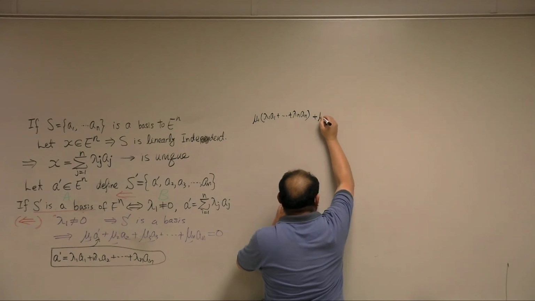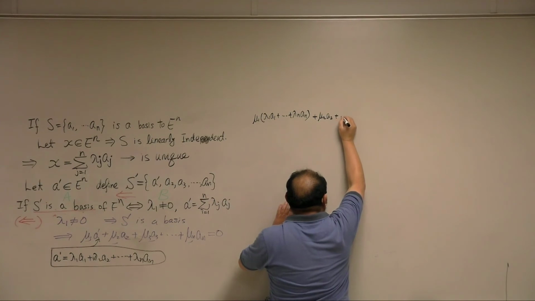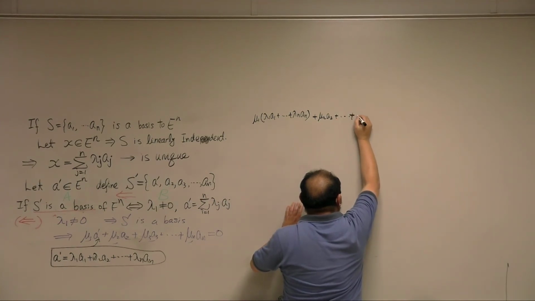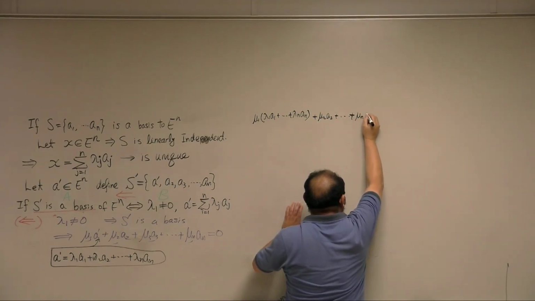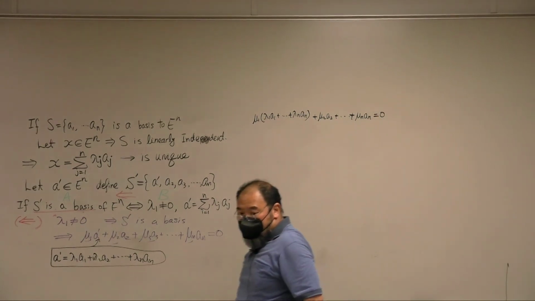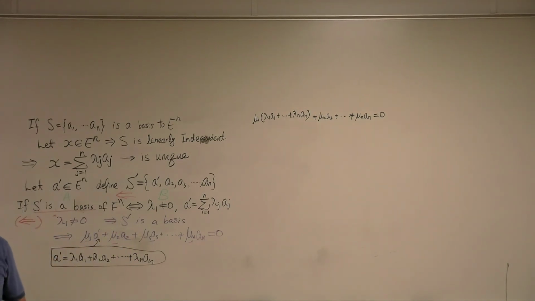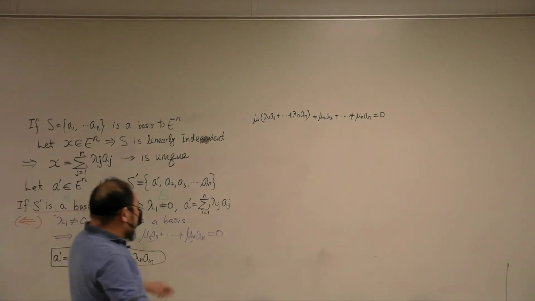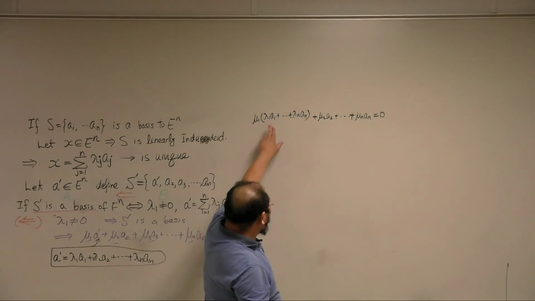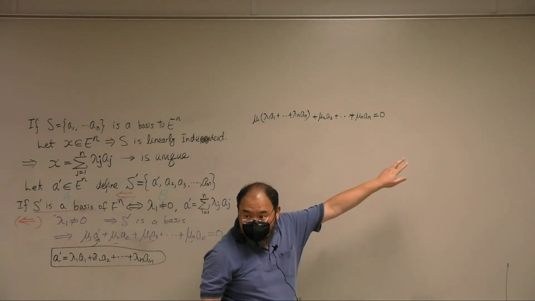Then plus mu2 A2 plus all the way to mu n times An equals 0. Still okay with me? So I'm going to collect A1, A2, A3, and all the way to An.